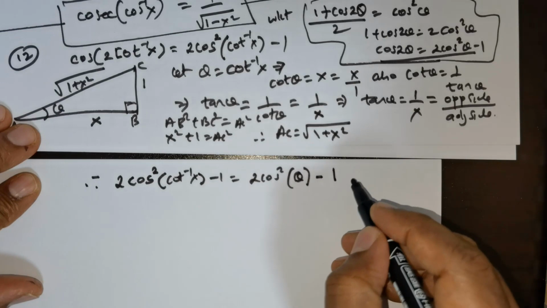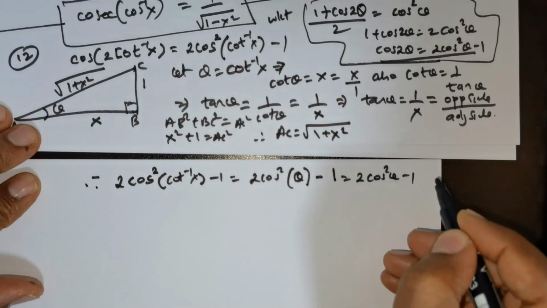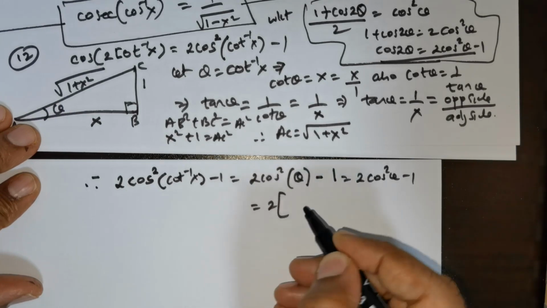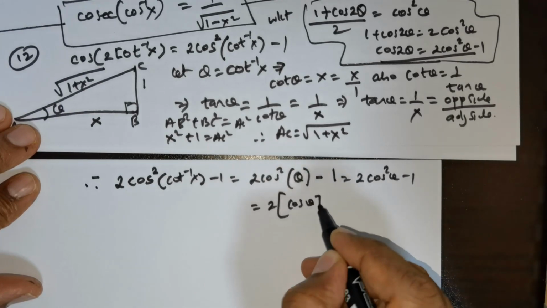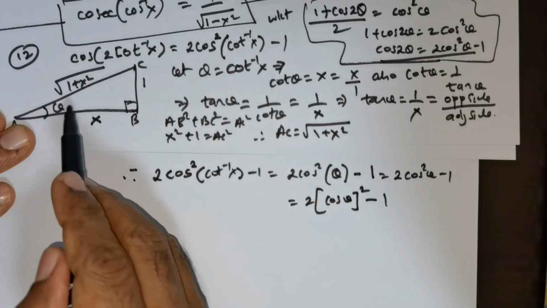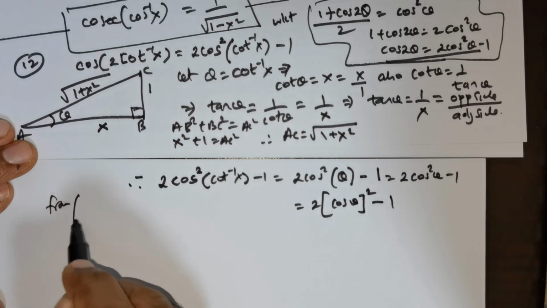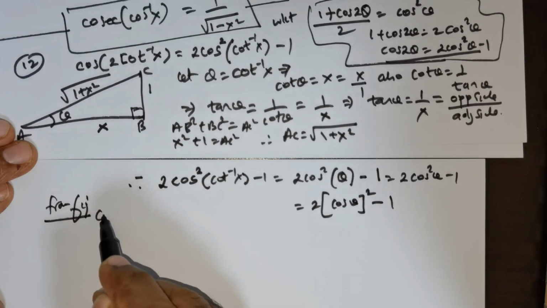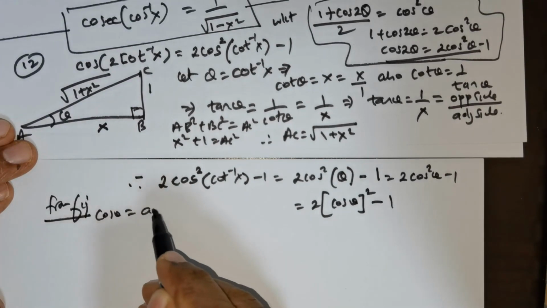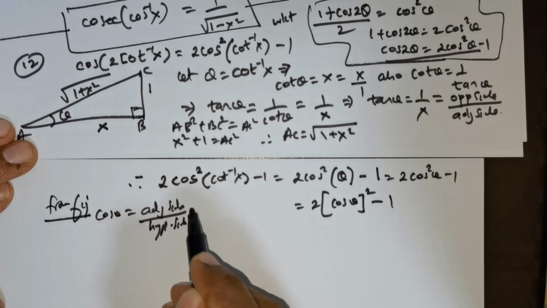So this is equal to 2 times cos squared theta minus 1, which is equal to 2 times cos theta raised to the power of 2 minus 1. So I need to get cos theta from here. So from the figure, what is cos theta? Cos theta is adjacent side divided by hypotenuse side.